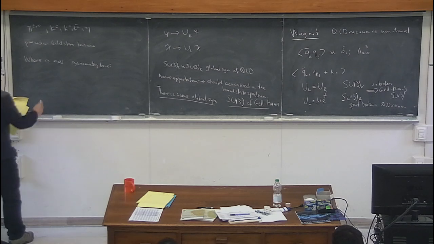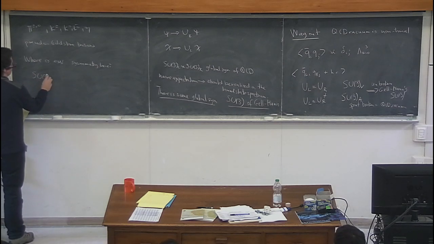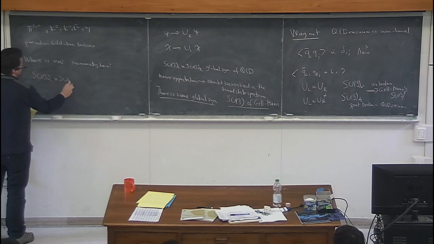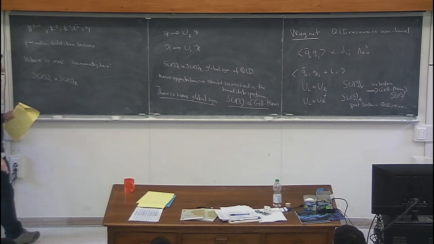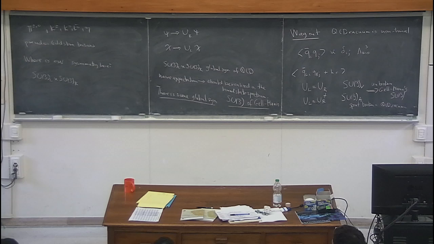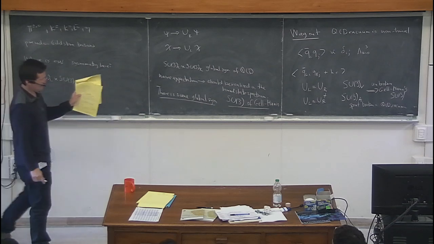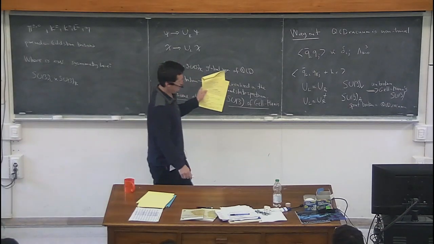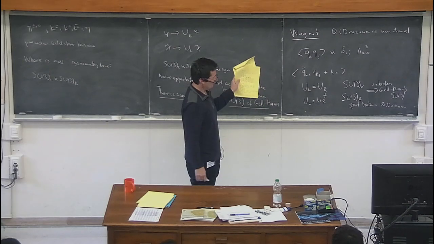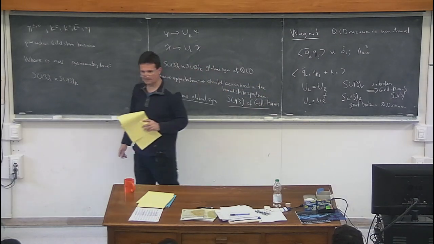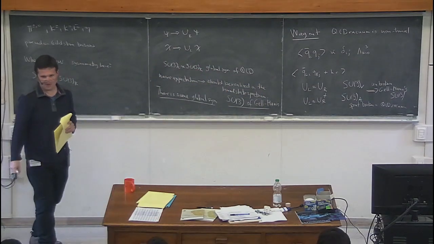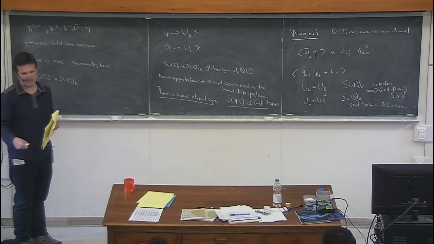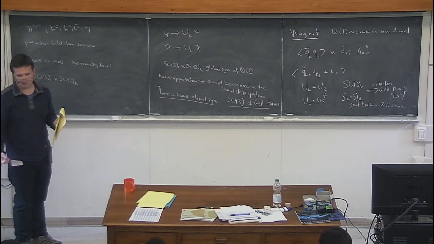What you have is the SU3 left cross SU3 right symmetry of QCD, and that actually includes the Electroweak interactions, because in the standard model the up and the down quarks, the left-handed ones, form an SU2 doublet, and the right-handed ones are SU2 singlets.